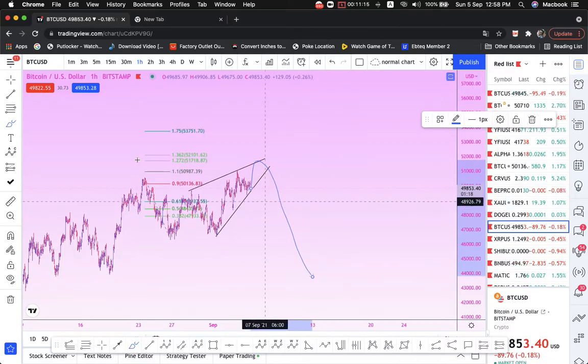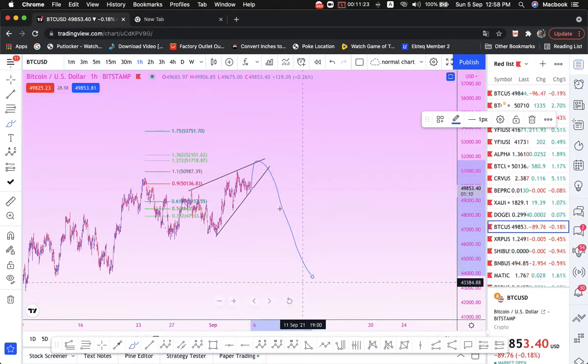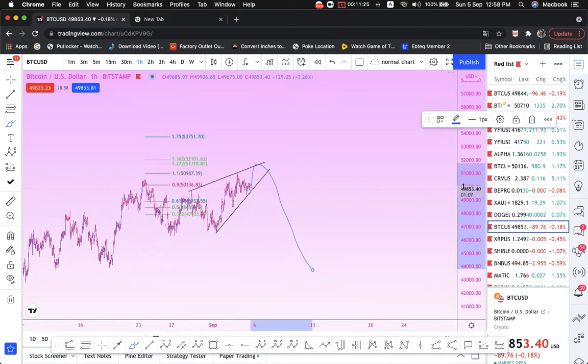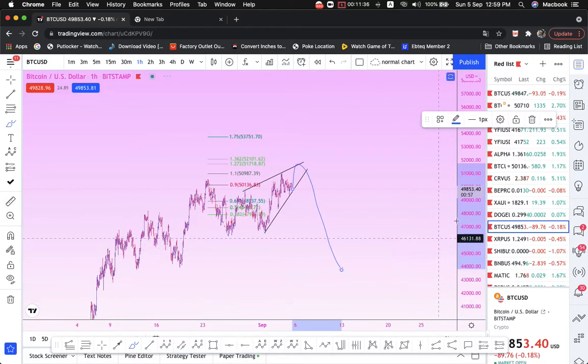So the whole structure is going to look very bearish here, and people are going to start saying, hey, it's going to go 20k, it's going to go 18k. All right, but we'll have to see what's going on by then.